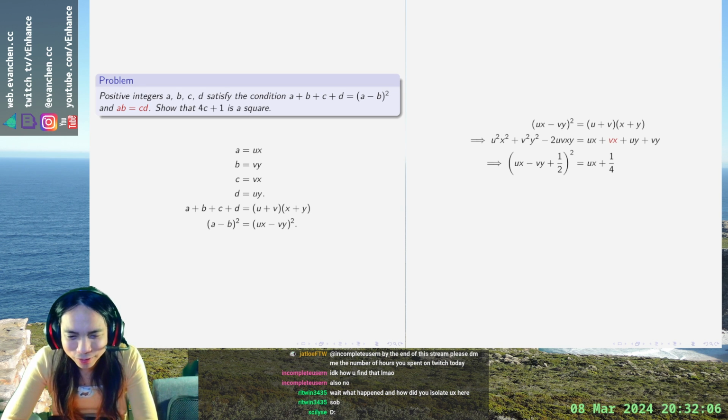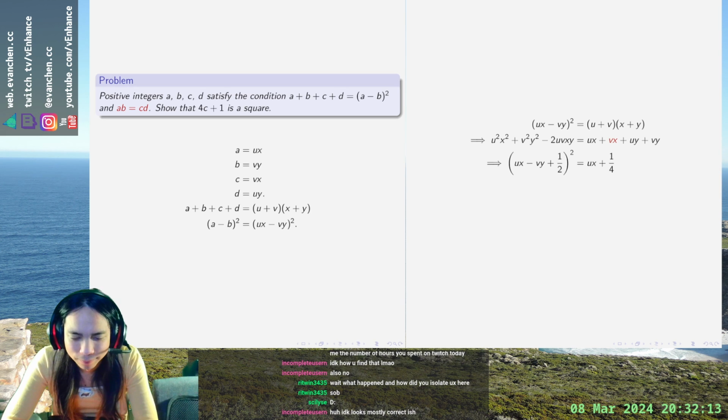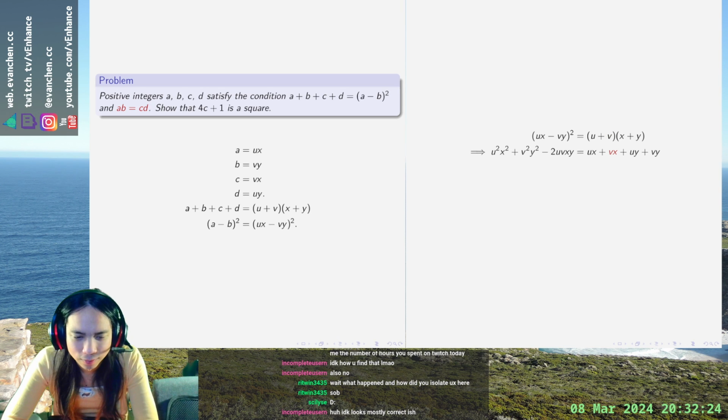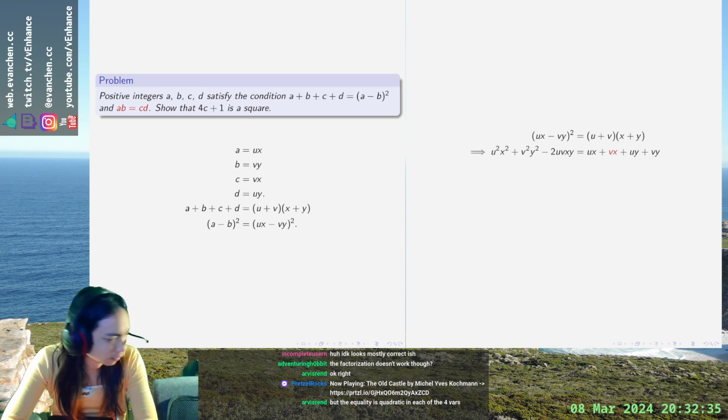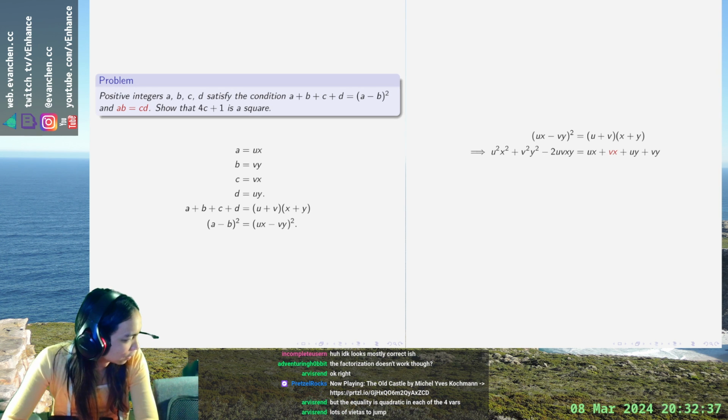I just feel like it should be something of this shape though. It's like lots of Vietas to jump.